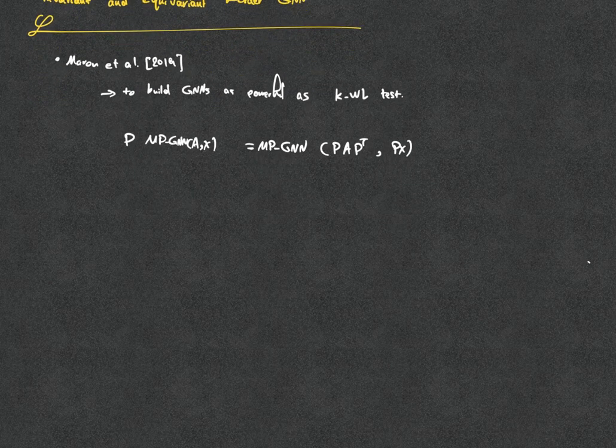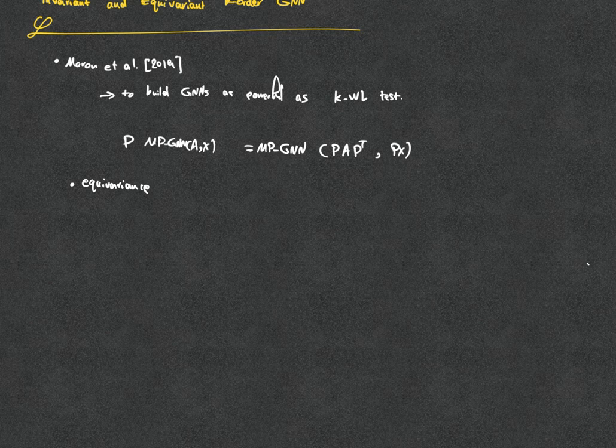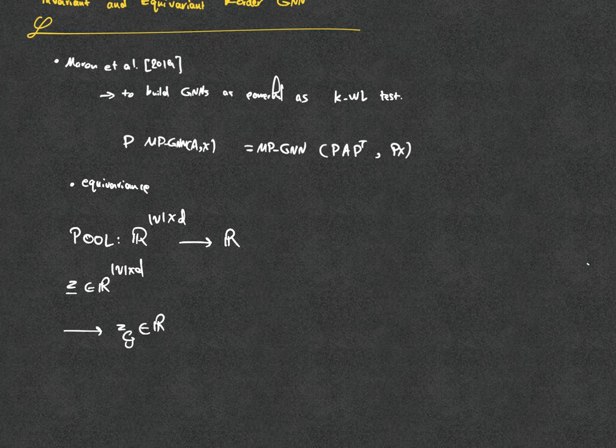Now this is focused on equivariance, but we can also define this pool function, which takes a representation for each one of the nodes and obtains essentially a graph representation that represents the entire graph.